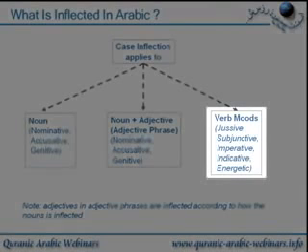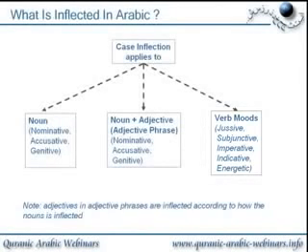And the last one we've got is verbs. Verbs can have what are called moods, and we'll cover these later on. And when you change the mood of a verb, so you've got jussive, subjunctive, imperative, indicative and energetic, then we also do some inflection, i.e. we have to change the i'rab. So that's just an overview there.